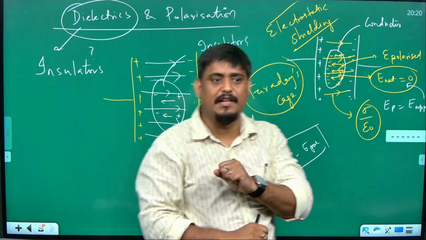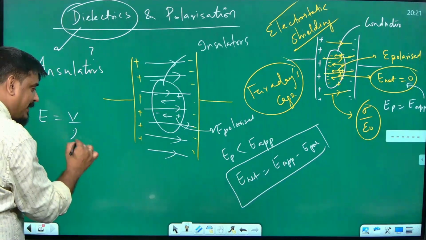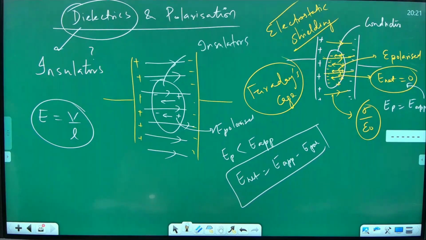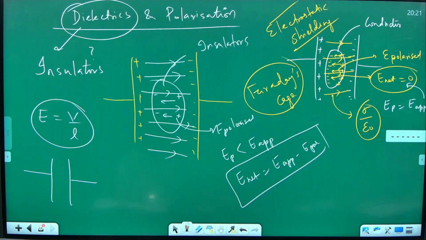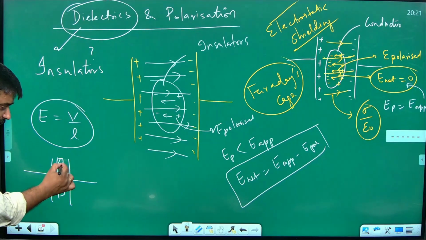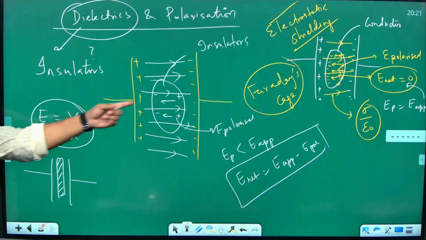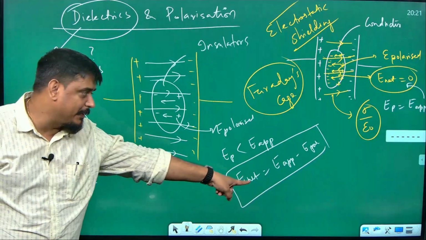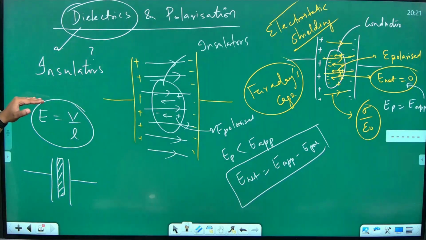We have learnt recently that electric field is electric potential by distance. If you had a capacitor, we have some electric field here. If I insert an insulator inside it, the insulator will decrease the electric field because E net will become E applied minus E polarized. If electric field is reducing, electric potential will reduce.